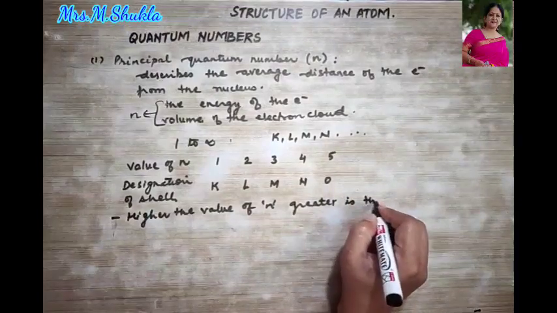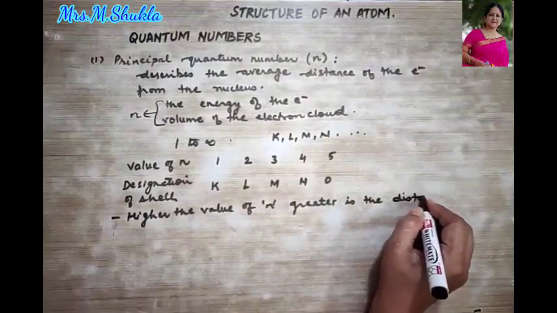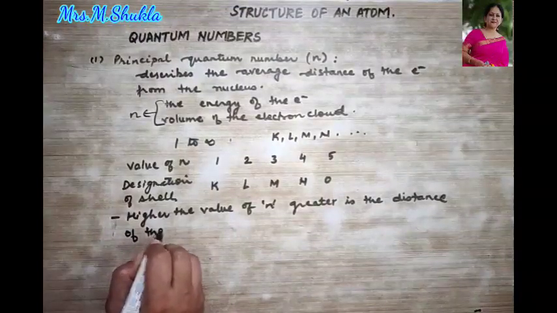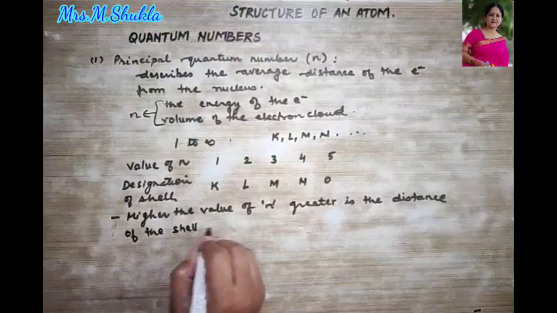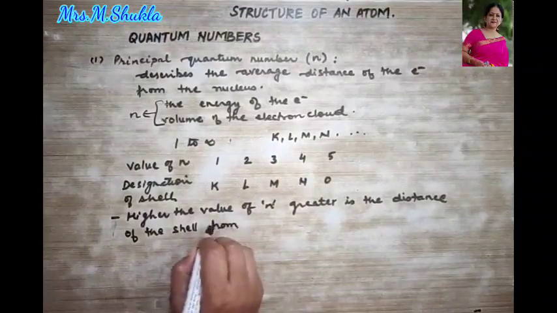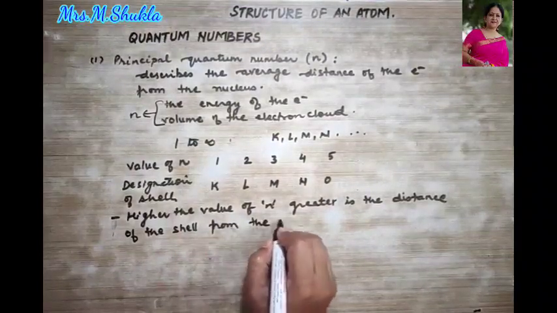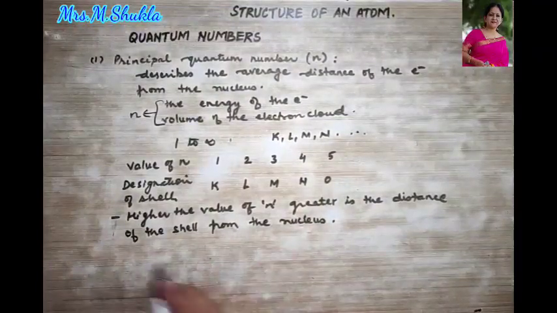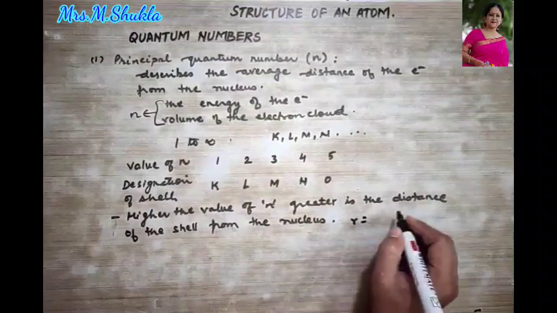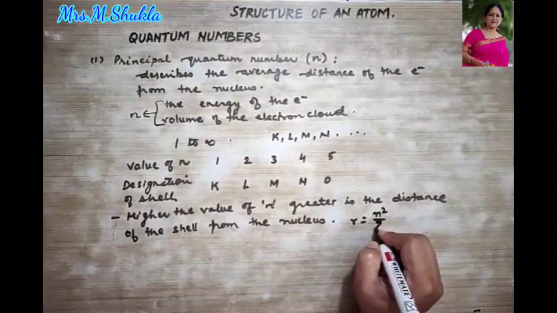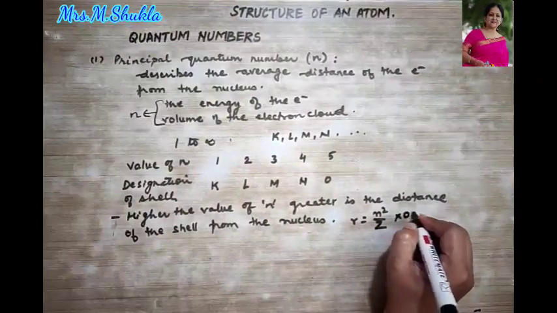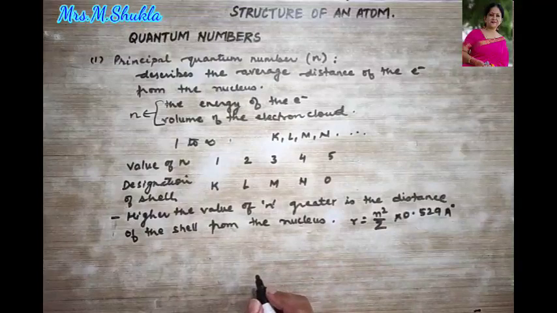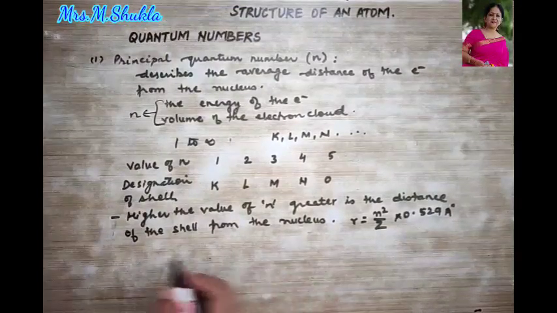I hope you are understanding. So over here, the radius will be equal to N square upon Z into 0.529 Angstrom. This is the formula that we are going to use over here.